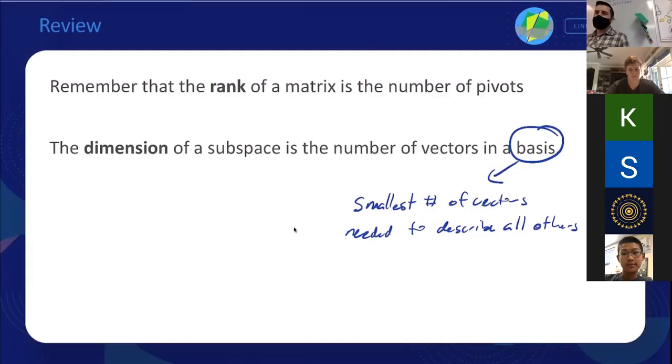And with those 2, we could get all the other vectors in R2 by doing linear combinations. Those aren't the only ones, but you could do any 2 independent vectors in R2. You can get the rest of them by linear combinations of those 2. So that's what we mean by a basis. So when we say something is 4-dimensional, it means there's 4 vectors in a basis. We need 4 independent vectors to describe all the other vectors in that space.